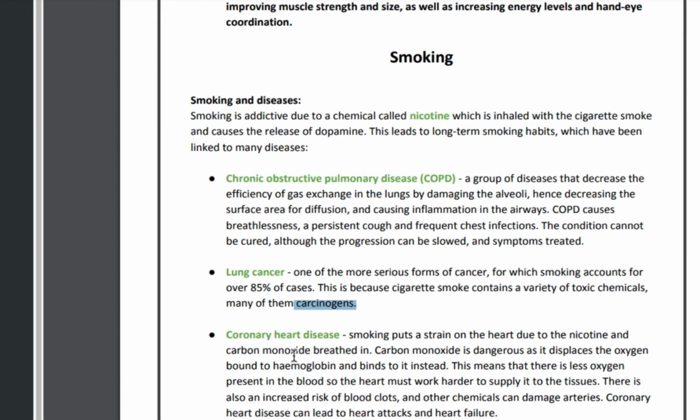And after a long time, the artery that takes blood from your heart to the heart muscles begins to be blocked.